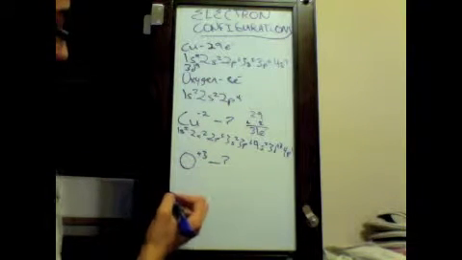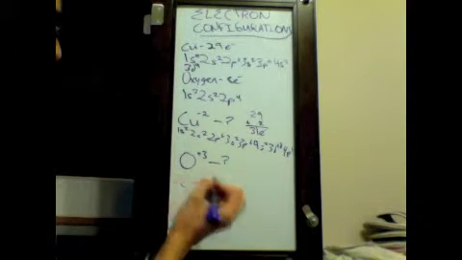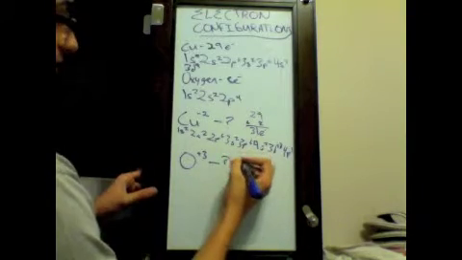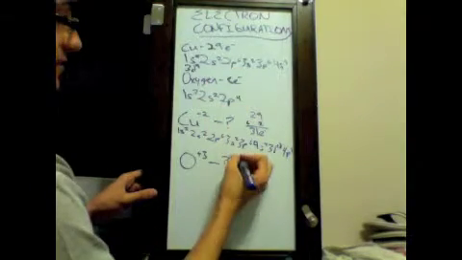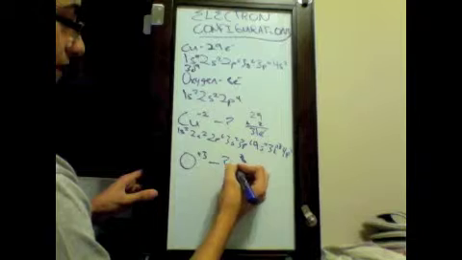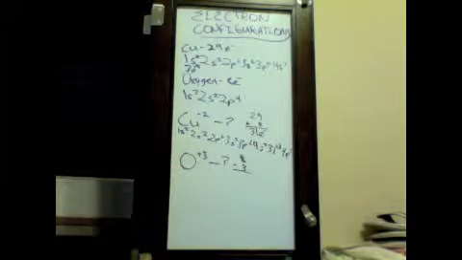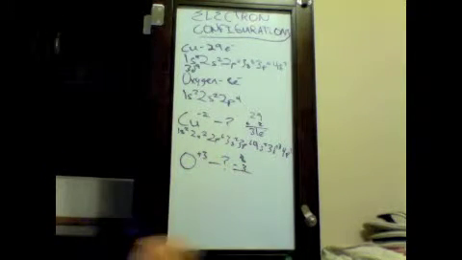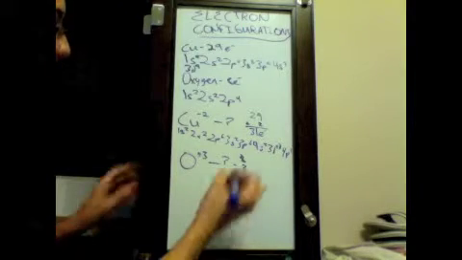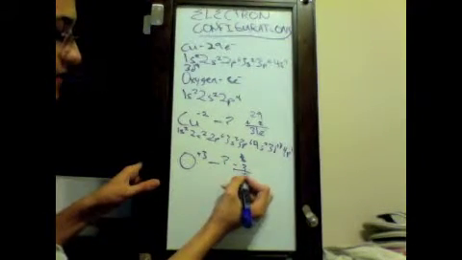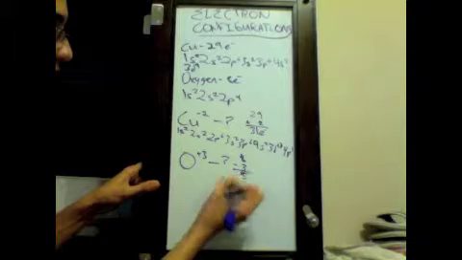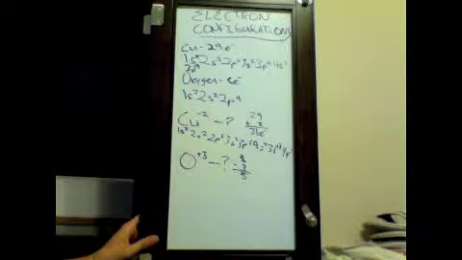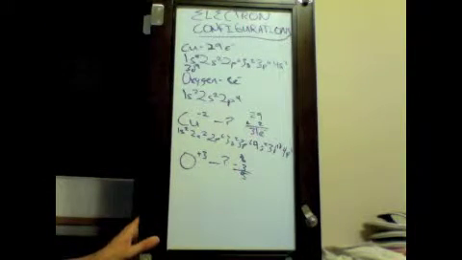Next, we have oxygen +3. So we take the total number of electrons for oxygen, which is 8, and subtract 3 from that, because it's a positive charge, which means there are 3 more protons than electrons. So 8 minus 3 is 5, so we'll be writing an electron configuration for only 5 electrons.